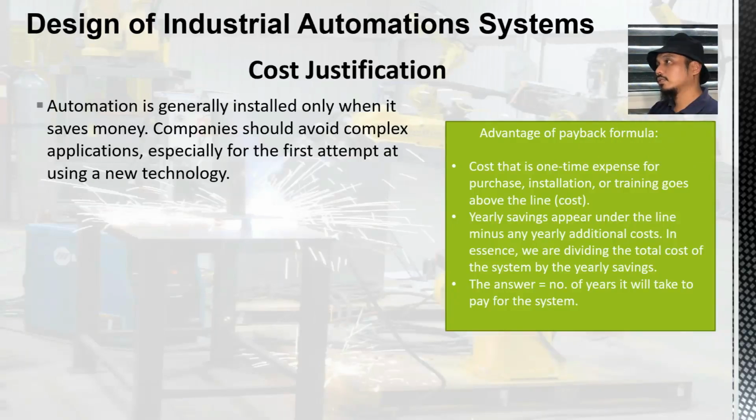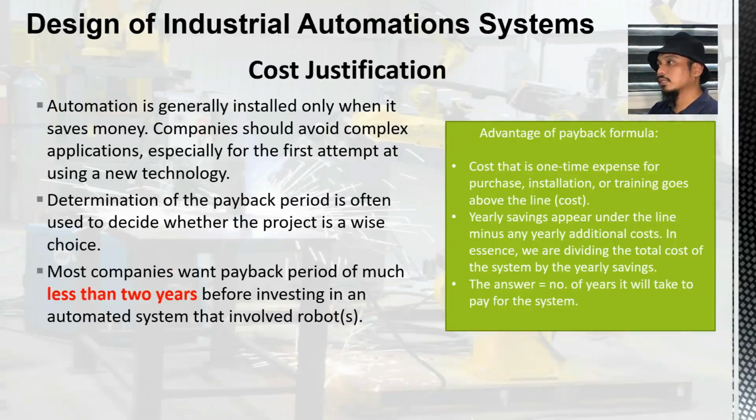The cost justification needs to be calculated, because most automation that is proposed is to save money, not to waste money. One main point of automation is to decrease the labor cost.